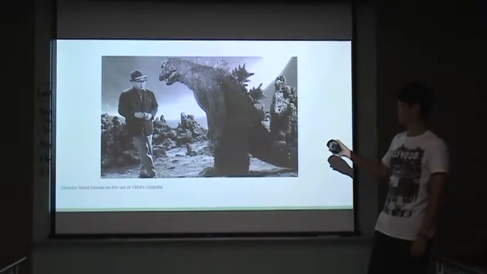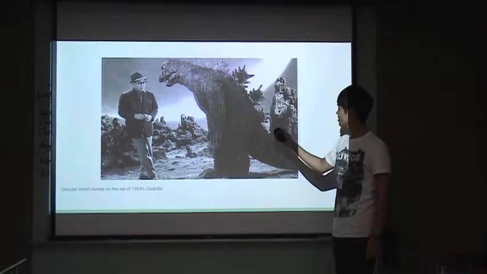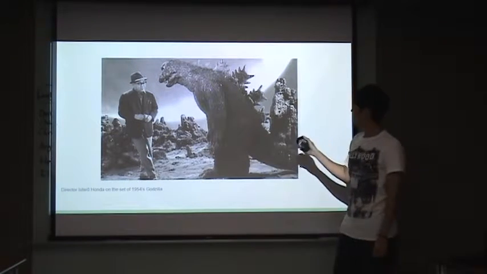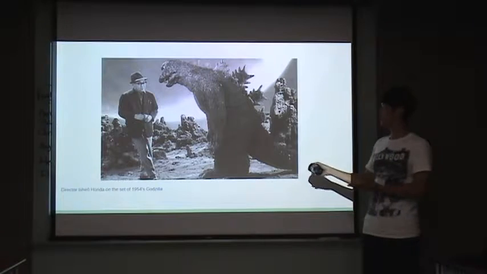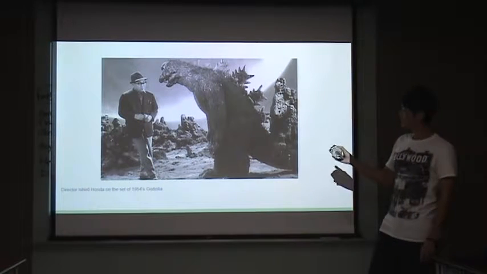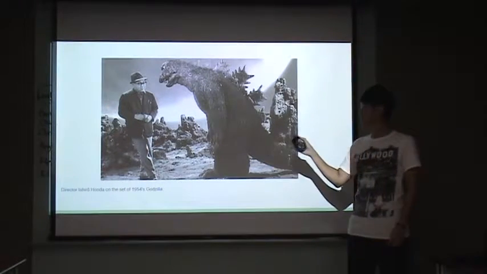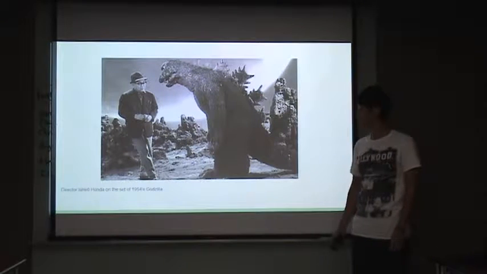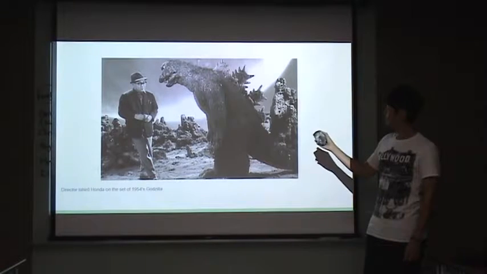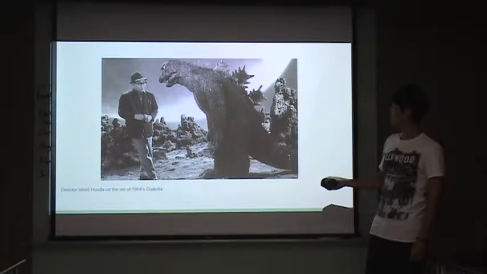Godzilla. This is Godzilla. They used real things to make Godzilla, the costumes. And by the way, next to Godzilla is the director of the first Godzilla movie, Ishiro Honda.